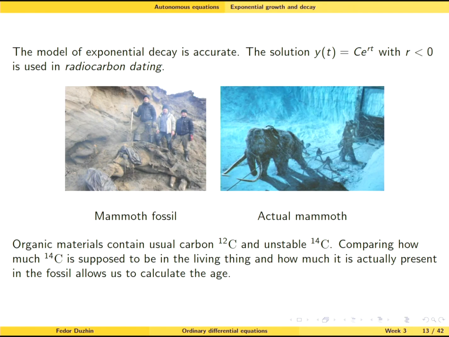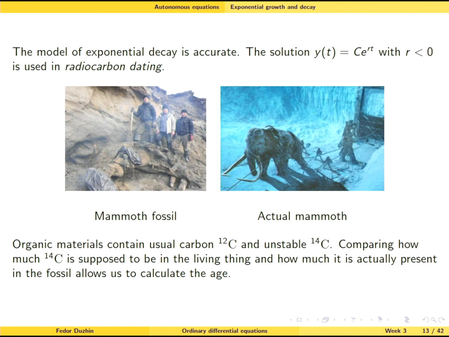Right? So, which means that if some tissue comes from, I don't know, an alive person, then there's supposed to be so much of C14. But if this tissue ages, then this C14 just gradually disappears.